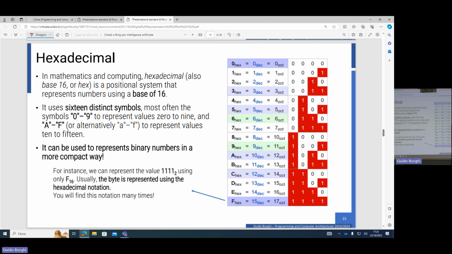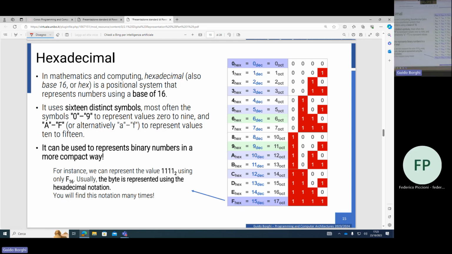So you can see that to express 15, we use 2 digits in decimal positional representation, 2 digits in octal positional representation, unfortunately 4 digits in binary positional representation, and only 1 digit in hexadecimal positional representation. So it's possible to use the hexadecimal representation to express all the binary numbers in a more compact way.